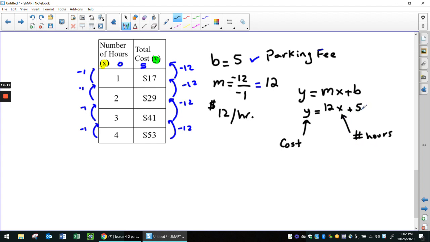So $5, at this point we realize, is your parking fee. And of course, 12 is the amount of money you're spending per hour for renting the boat. So that's your boat rental.